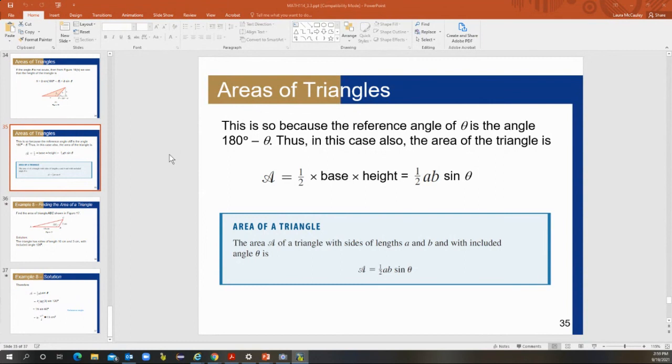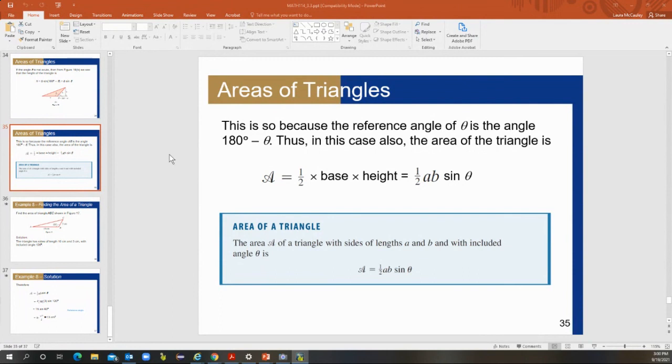And then we'll have our base be the B. So when you end up plugging in base times height, notice that the sine of theta is equal to the opposite over the hypotenuse. So this is actually height over A. So if you multiply that by AB, the A's divide out, and you're left with base times height. You see, this is base and height. So anyway, it's just substituting these things in.